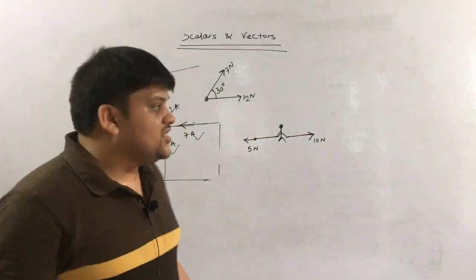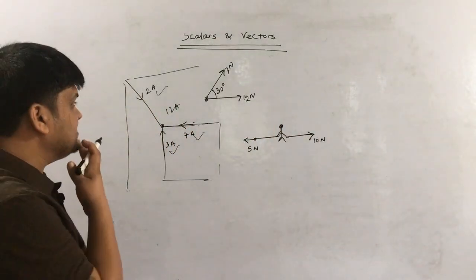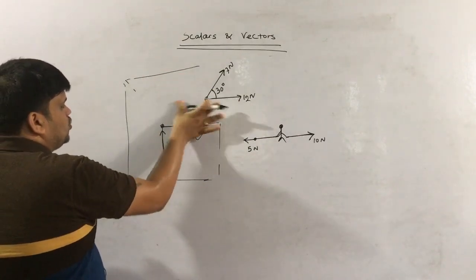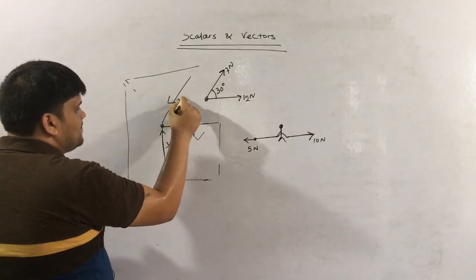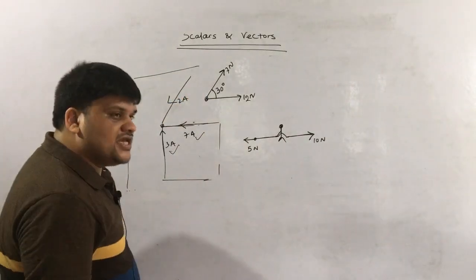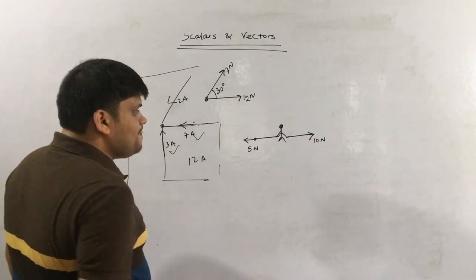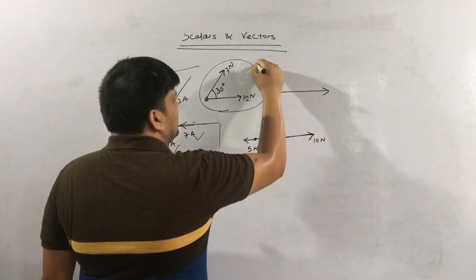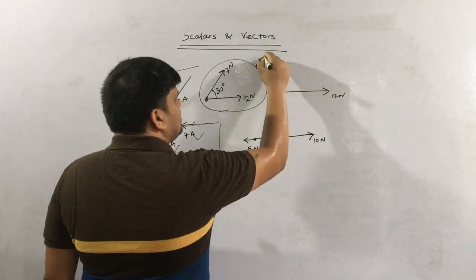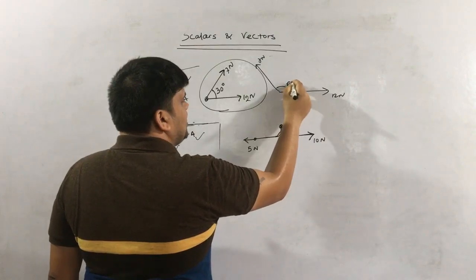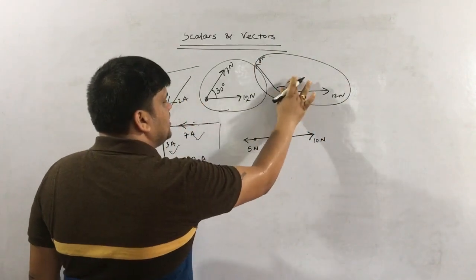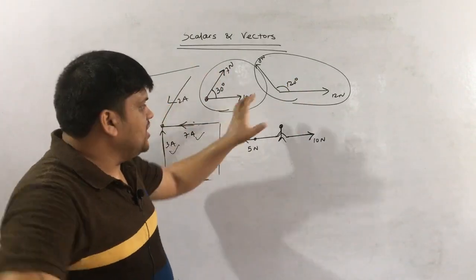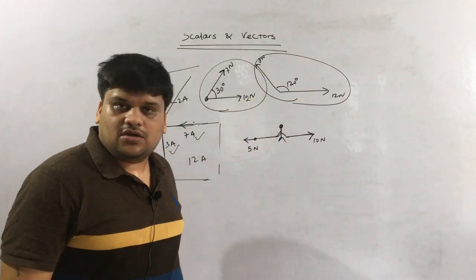Now if you change the direction, let the 2 ampere current not come from here but from here, the answer is still going to be the same, 12 ampere. But in case of force, if I change the direction, let 12 Newton and 7 Newton be acting at 60 degrees, 120 degrees, the result will be completely different.